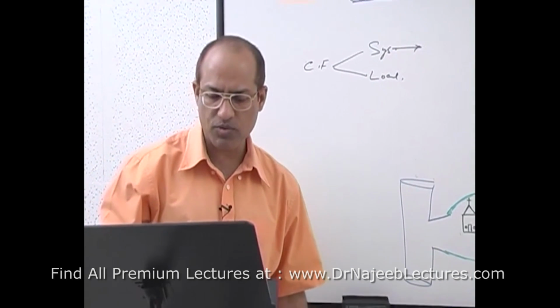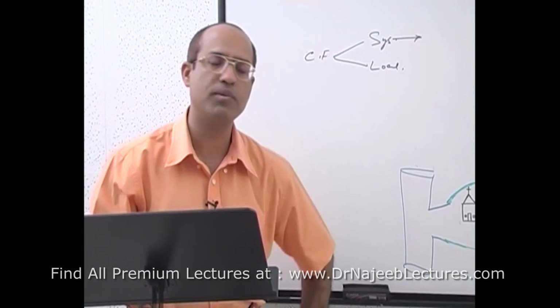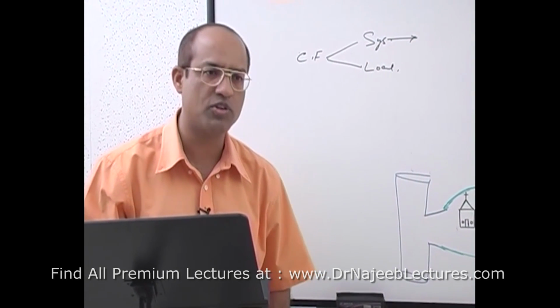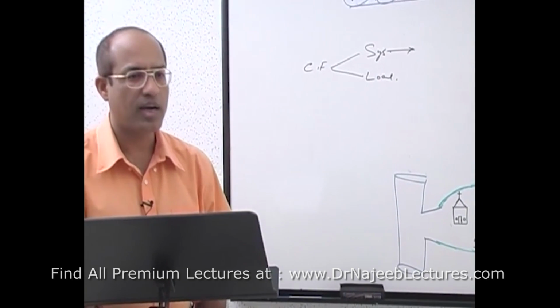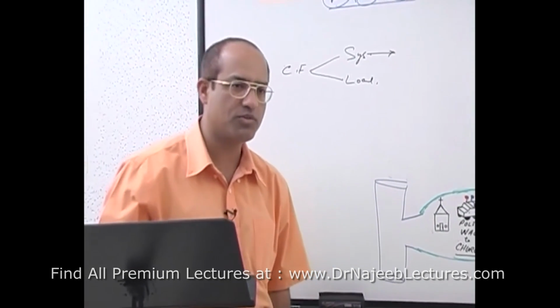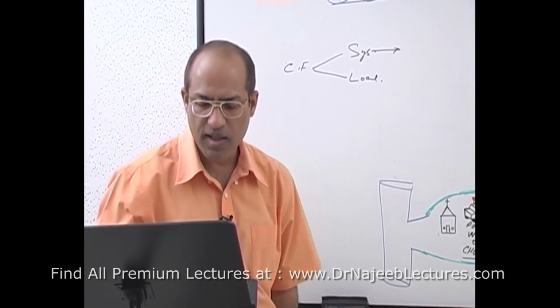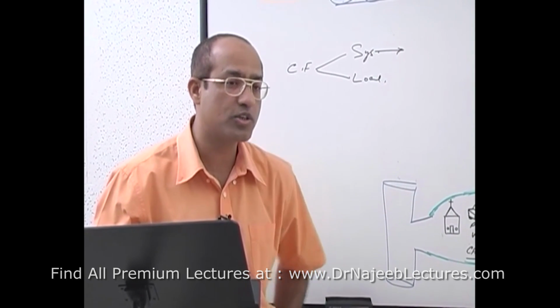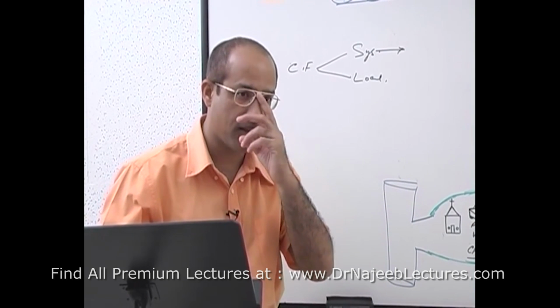These are the systemic features of the disease, and of course these cytokines may act on the liver and produce some acute phase reactant proteins. So these patients may have high ESR and high levels of C-reactive protein. Then local features depend on which tissue or organ is inflamed.